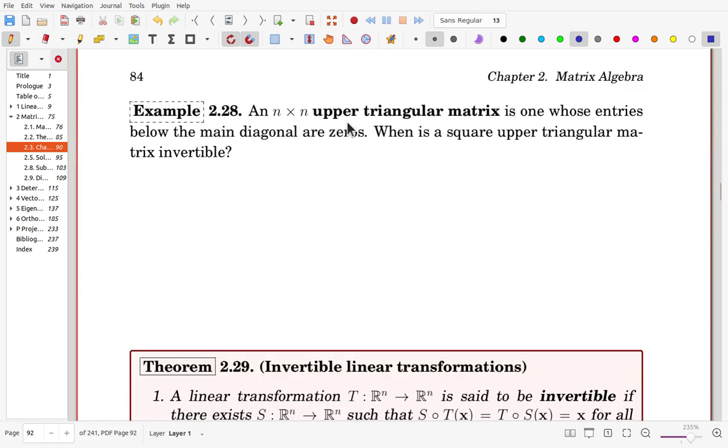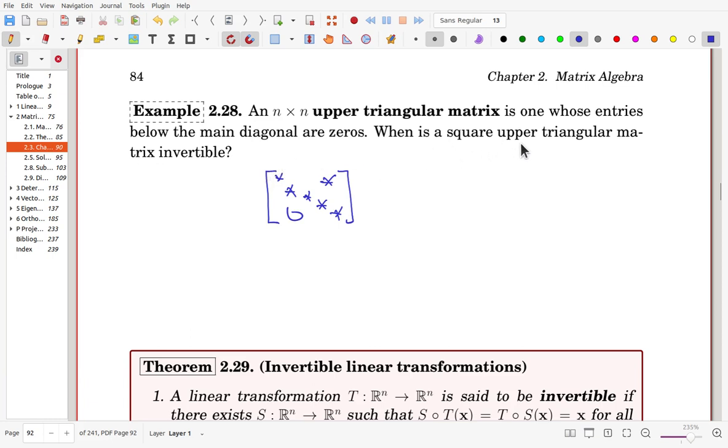An n by n upper triangular matrix is one whose entries below the main diagonal are 0. So an upper triangular matrix has this form. Along the main diagonal, some values are given, but below is 0, and above the diagonal, some values appear. Such a matrix is called an upper triangular matrix.